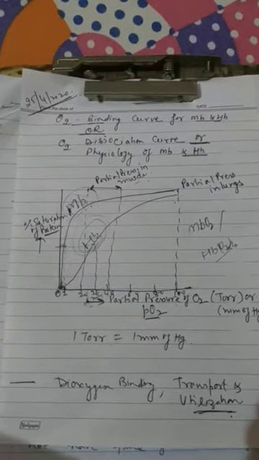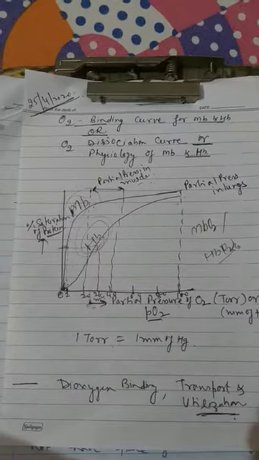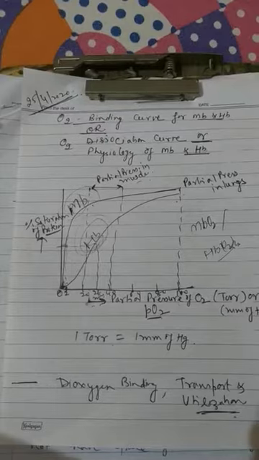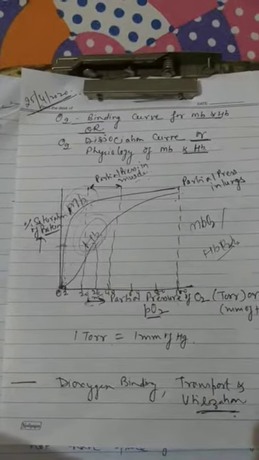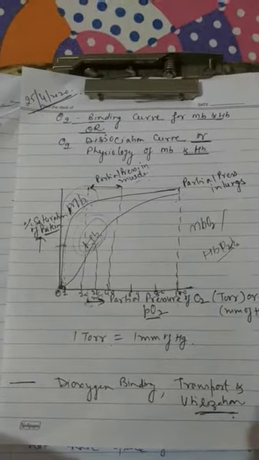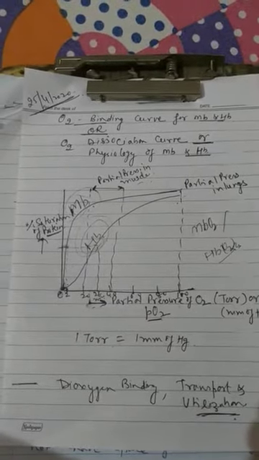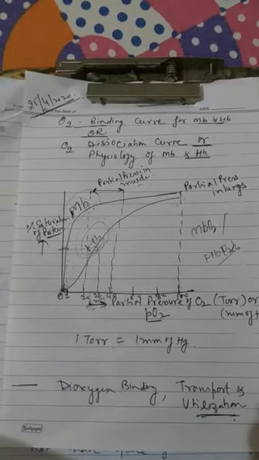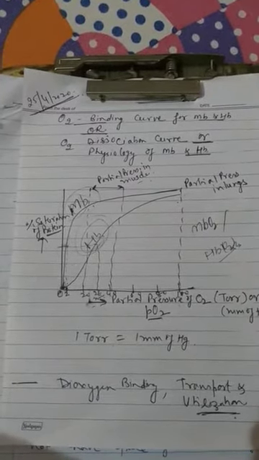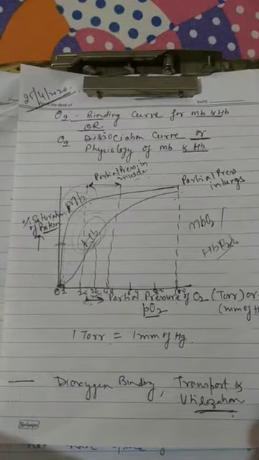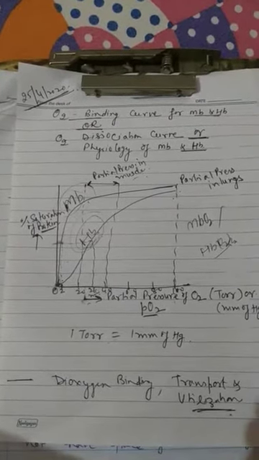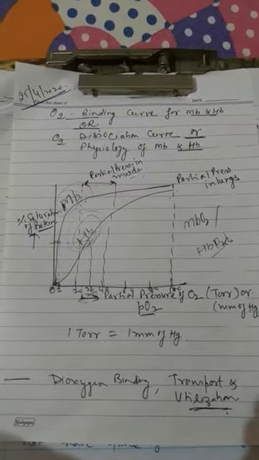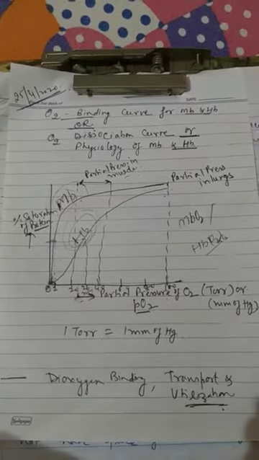So all the 3 points are possible because of the structure of myoglobin, which consists of a single heme group and single polypeptide subunit, right? And because of this, it does not show the cooperativity effect, right? Remember that cooperativity effect we had discussed for hemoglobin, where in the structure of hemoglobin we were having 4 heme groups present, interacting with each other, making space for the next oxygen molecule to bind with the units, right?